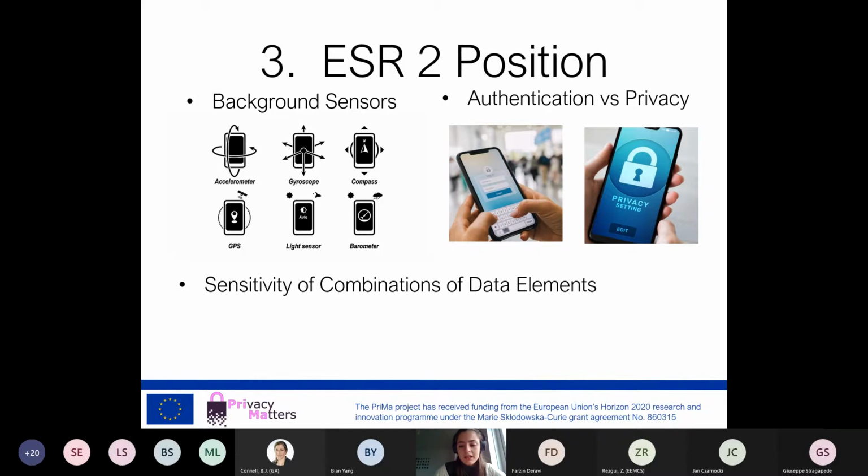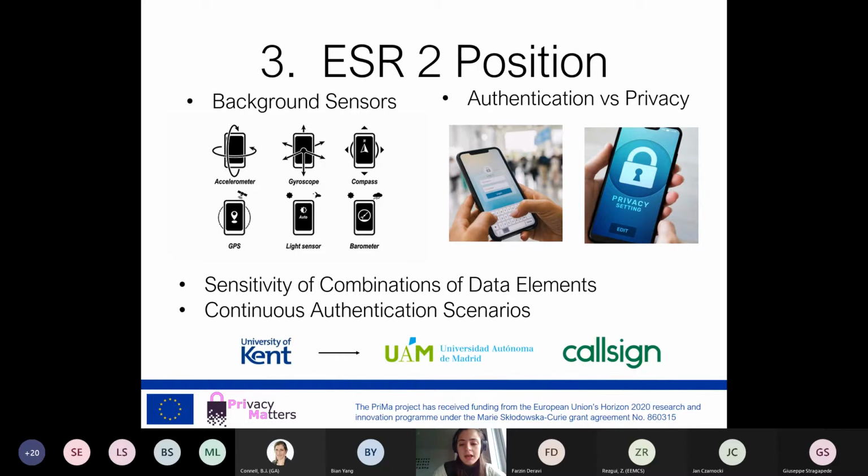In particular, we shall examine the sensitivity of combinations of data elements, the ability to infer one data element from another one, and how individuals and groups may be able to resist such challenges to their privacy. And all of this will be in continuous authentication scenarios.